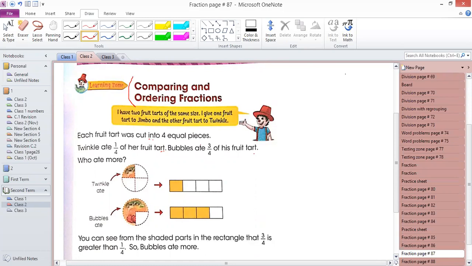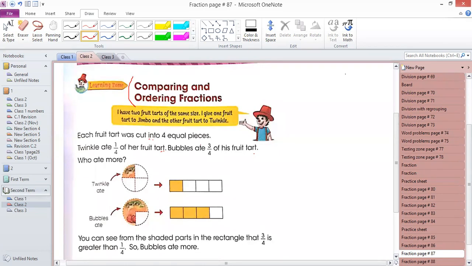Start with each fruit tart. I have Hmm. two Hmm. fraction. Two fruit tarts of the same Fruit size.